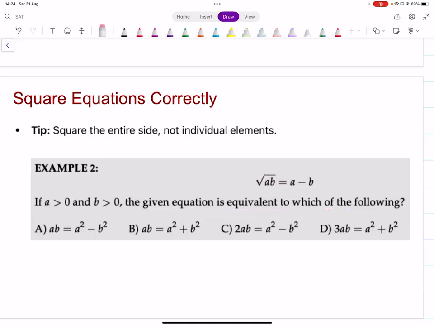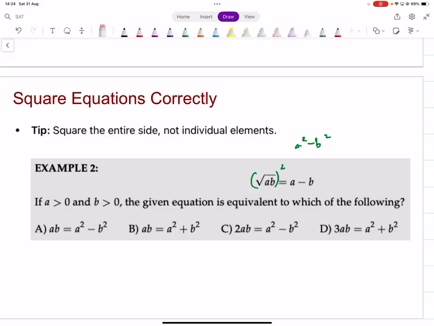Now when you square both sides of an equation, how does that work? You square this side, it becomes AB. When you square the other side, can you just write A square minus B square? You can't. Whenever you apply an operation on an equation, you apply that operation on the whole thing. It's not just about squares. Any operation that you apply on both sides of an equation, you apply that on the whole thing.